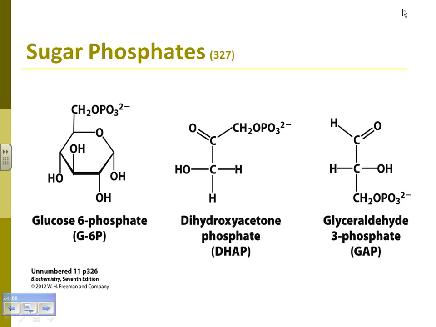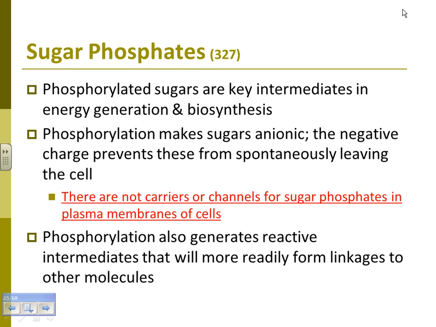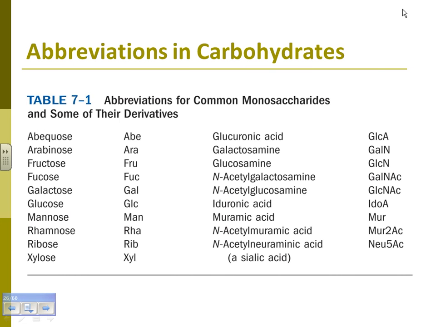Sugar phosphates, when you're asked what's larger, phosphate is relatively huge, so if you're given a bunch of monosaccharides and one of them has a phosphate attached, that's your answer. That's a very good tip that helps you quite a bit, so remember that. Don't need to worry about that too much.